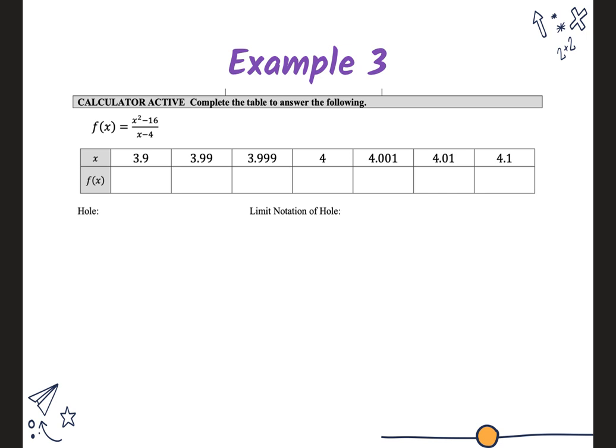Let's just say I take that function, I make that my y1. So my y1 is going to be x squared minus 16 over x minus 4. And then I'm going to find y1 of 3.9, y1 of 3.99, like all the way through.